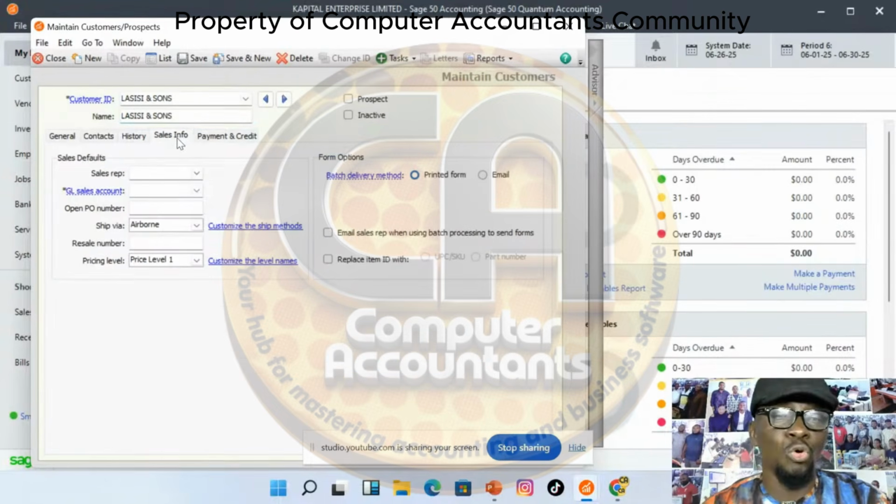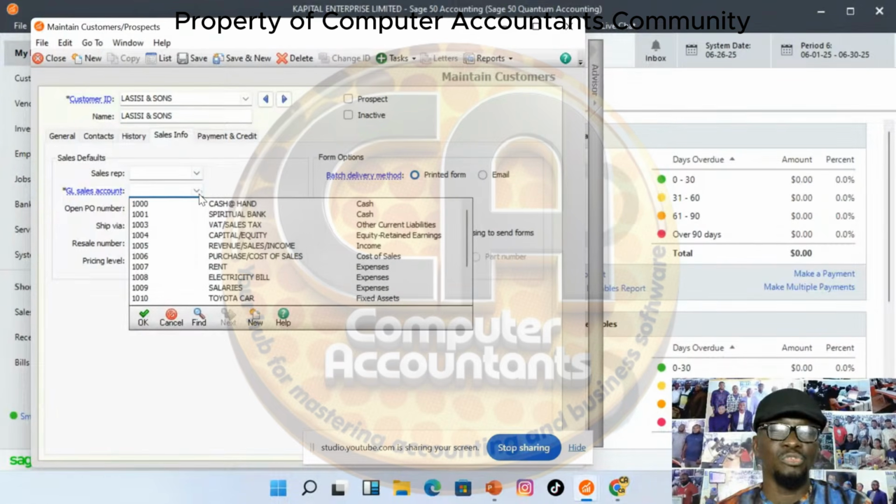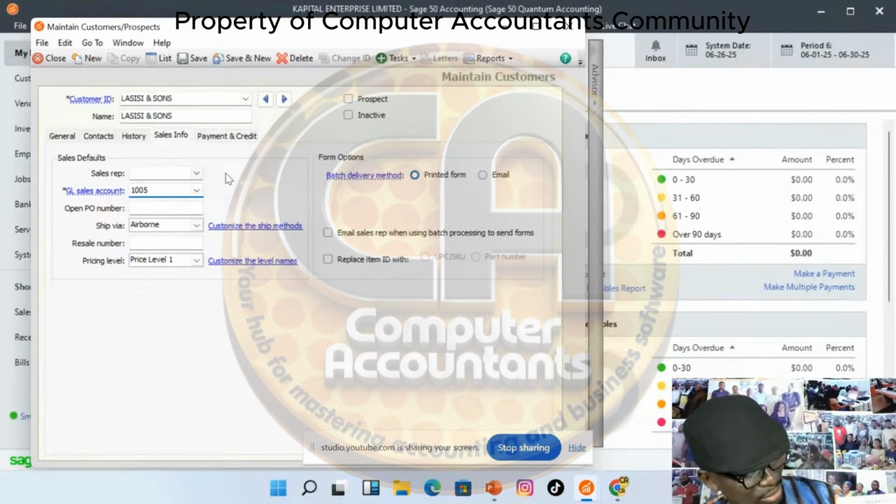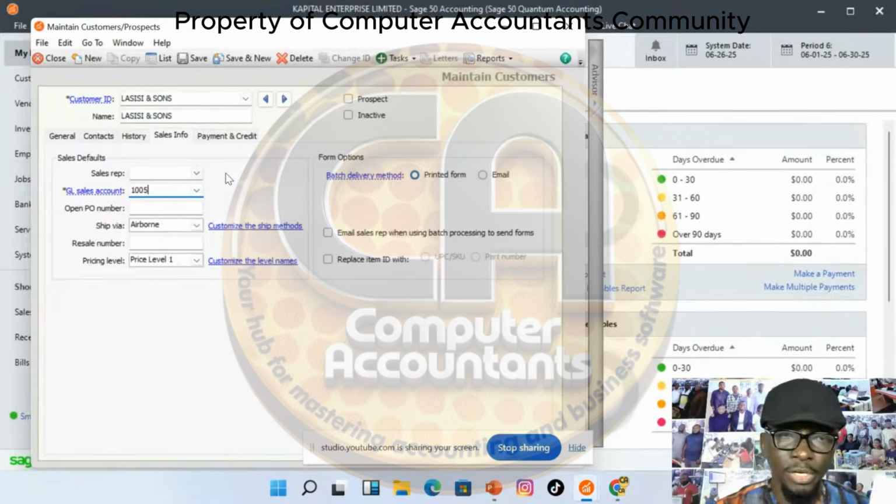Okay, so then Lasisi's name is here. Then I will link him to the account that will capture his transactions with Capital Enterprise, which is the revenue account. Now, he is owing us 10,000 that is brought forward. Now, watch me. I will go to history.